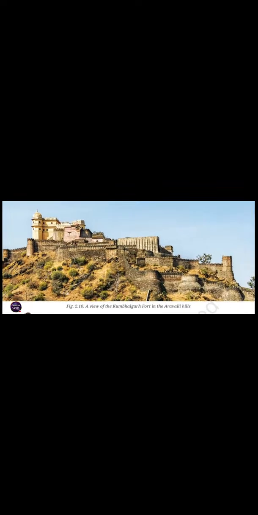Now, see the structure of this fort. Here the wall is very wide, long and tall, right? The forts are protected with big walls. There is one fort at the very top, and these forts were built at a very great height.